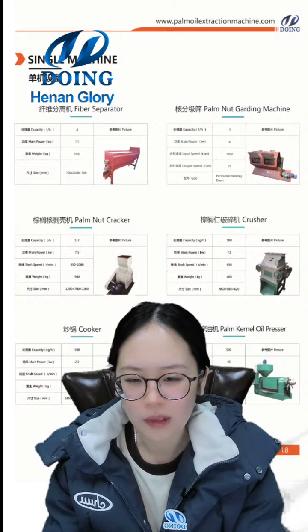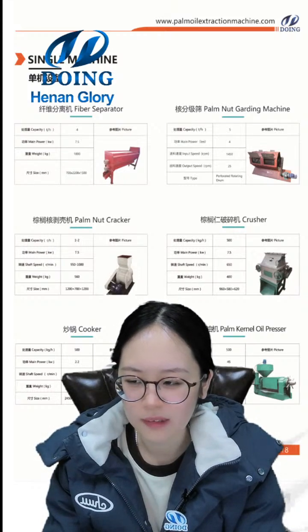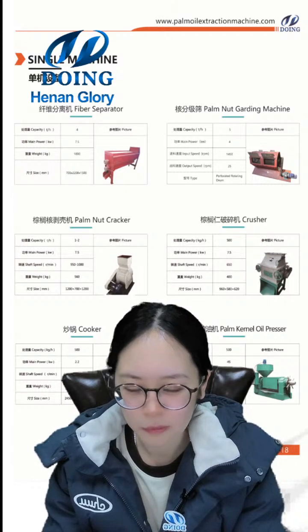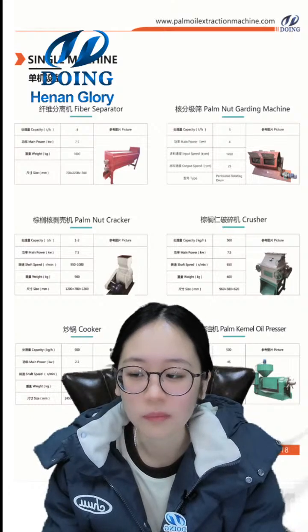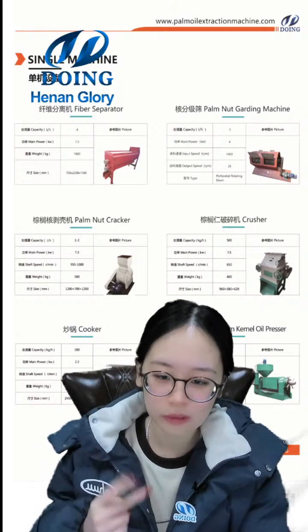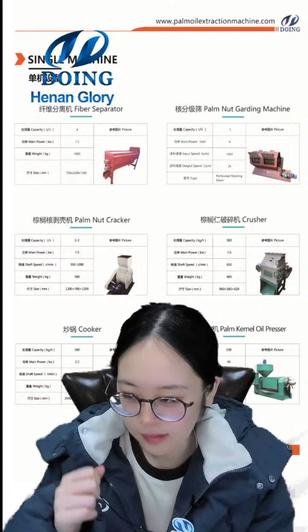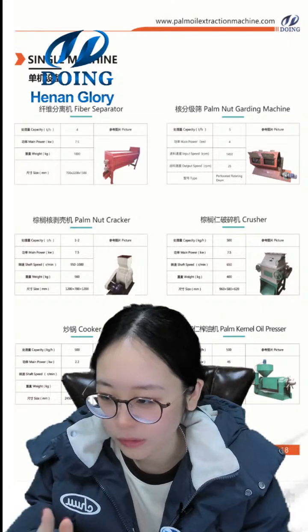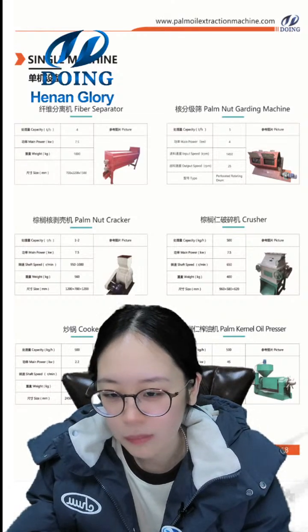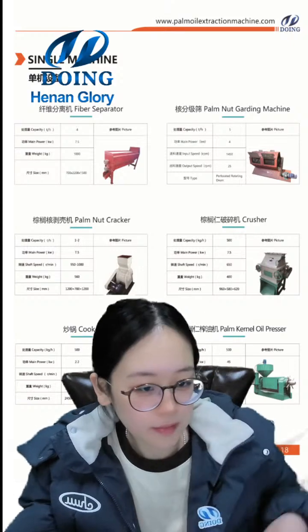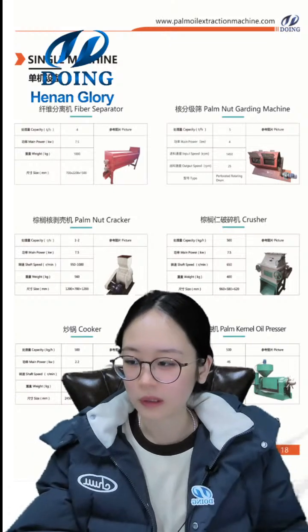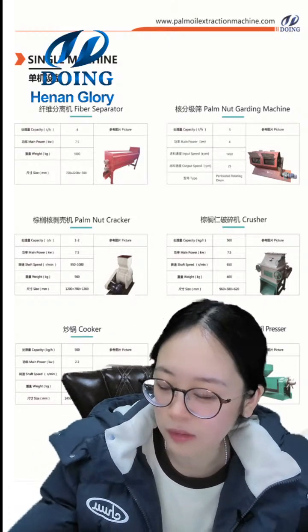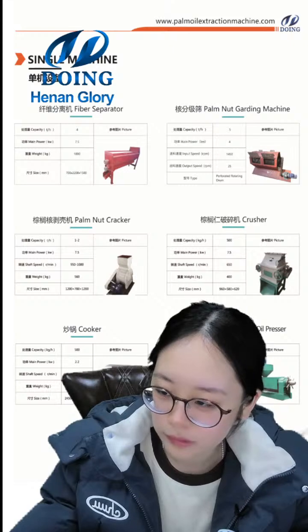So if you want to press the palm fruit, sorry, you couldn't use only this one presser. We have two different pressers. One is used to press the palm fruit, and the other is used for pressing the kernel oil.